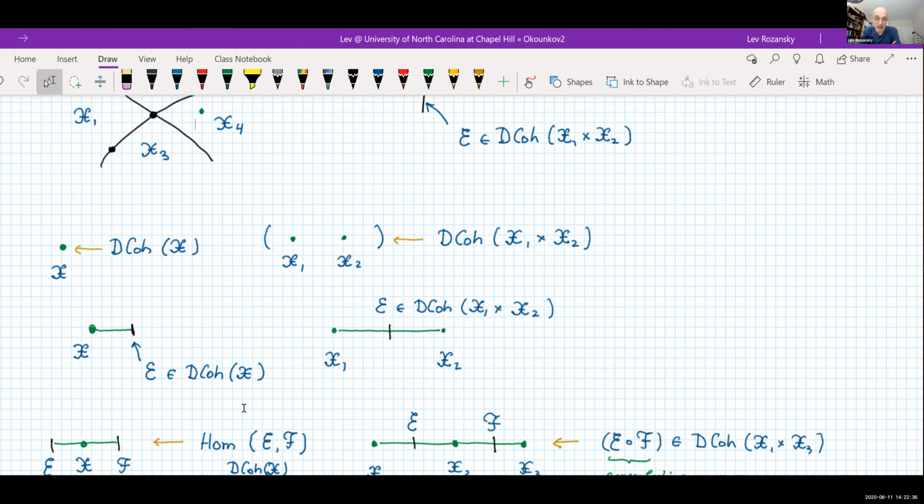If you have a segment which connects points X1 and X2 with a mark in between, this should create an object which is a sheaf over the product. So that's how you should color the black mark.